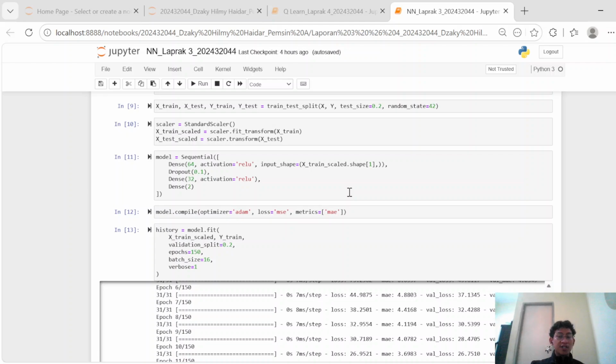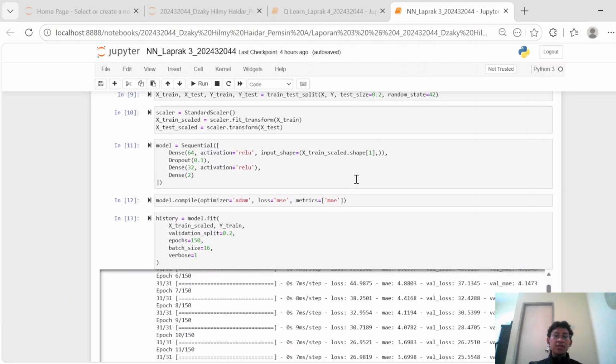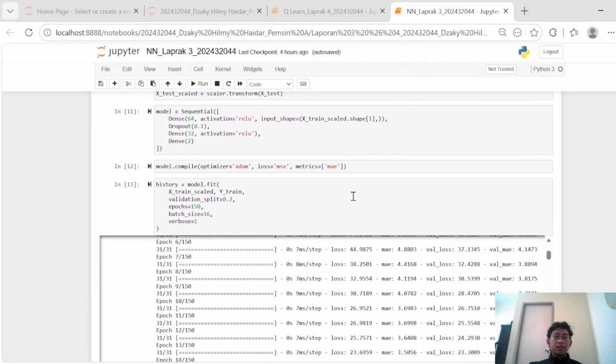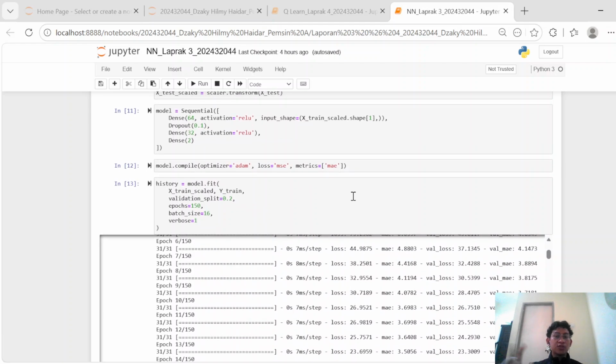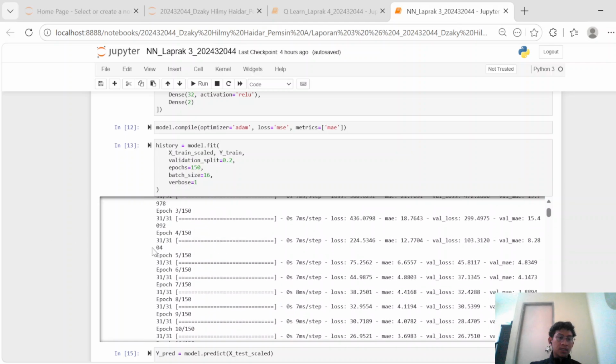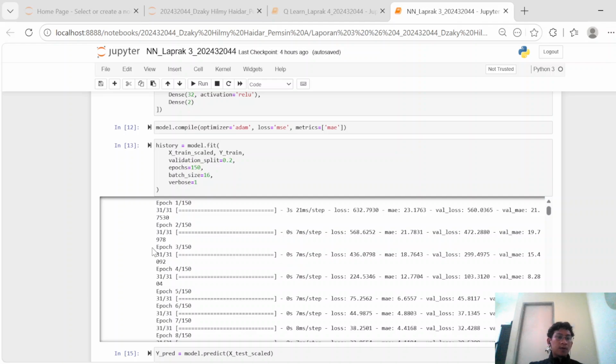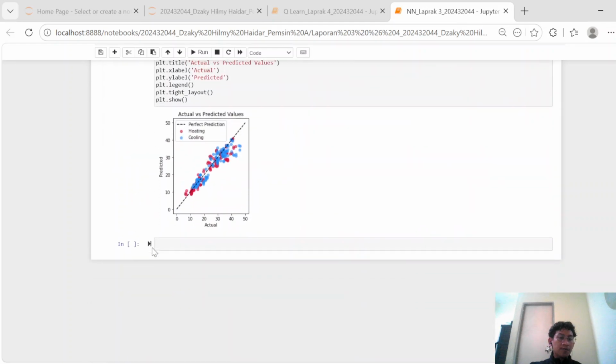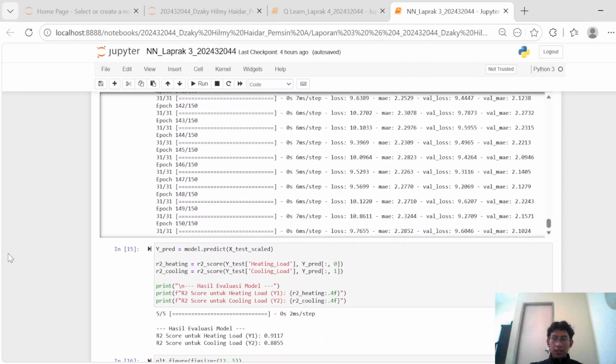For the training configuration, I selected the Adam optimizer for its adaptive learning capabilities and mean squared error, or MSE, as our loss function. The network was trained over 150 epochs with a batch size of 16, keeping aside 20% of the training data purely for real-time validation. In here we can clearly see the epochs from 1 until 150.